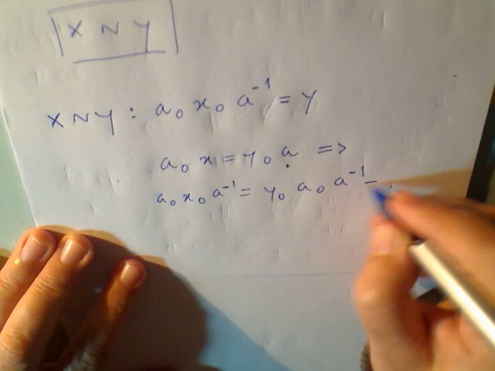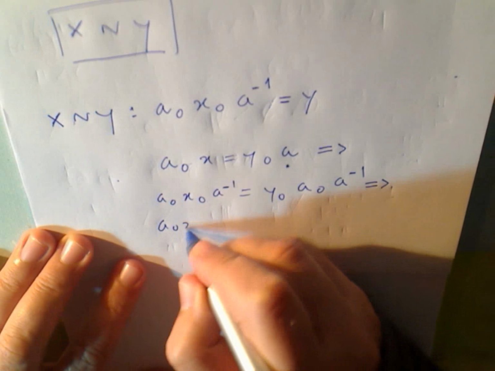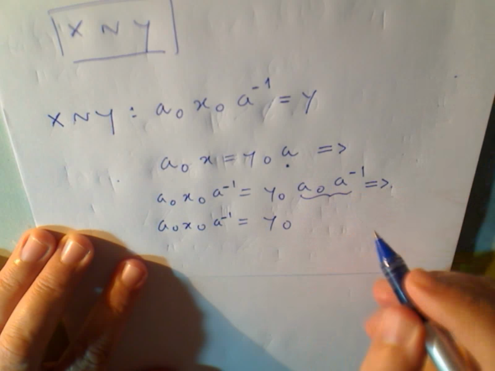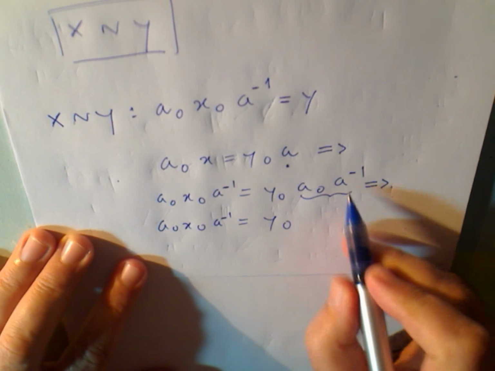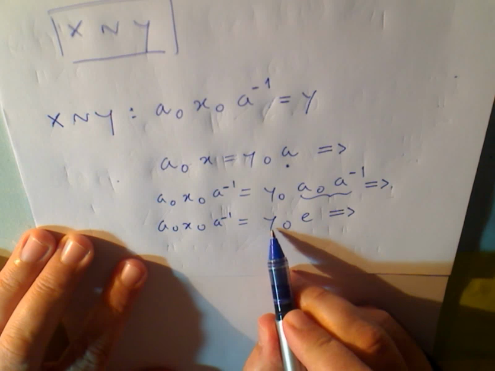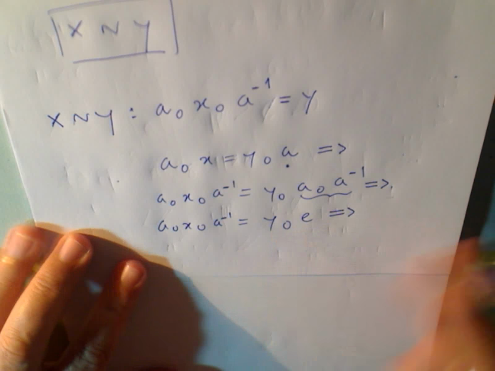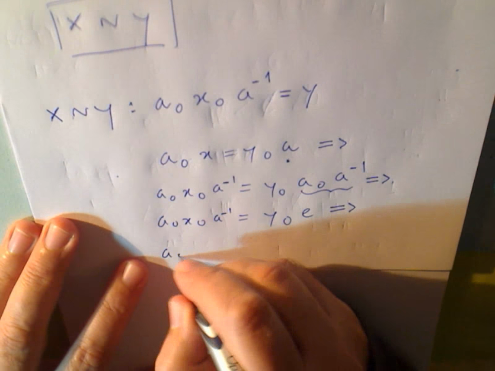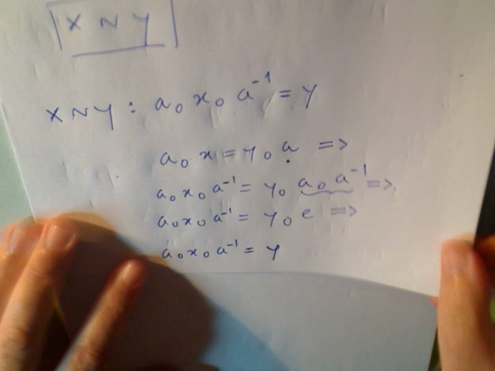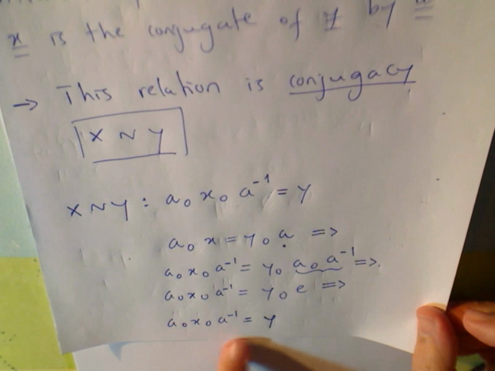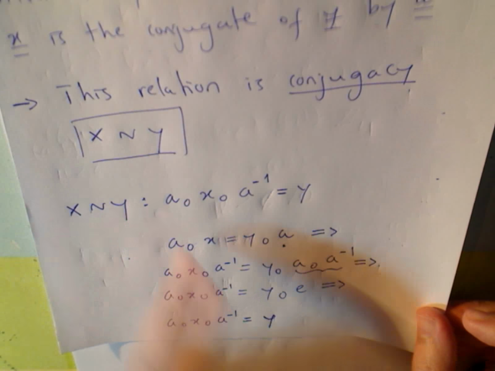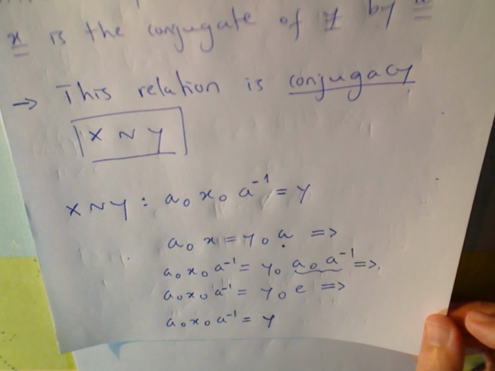Now A operation X operation A inverse equals Y operation A operation A inverse, and A times its inverse is the identity, and Y times the identity is Y. So A operation X operation A inverse equals Y. That's why you can write it this way, and so that's the same.